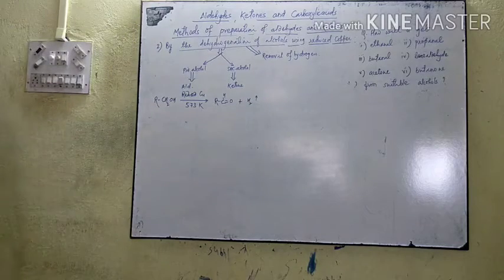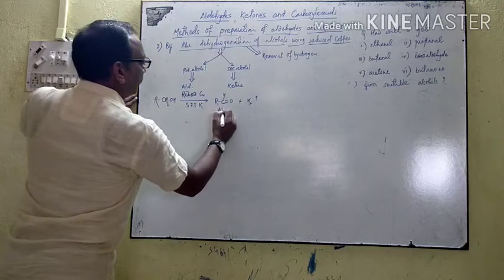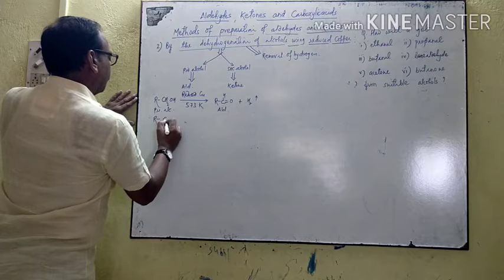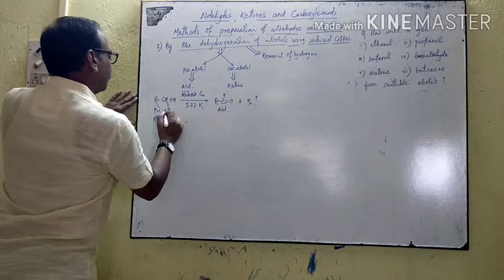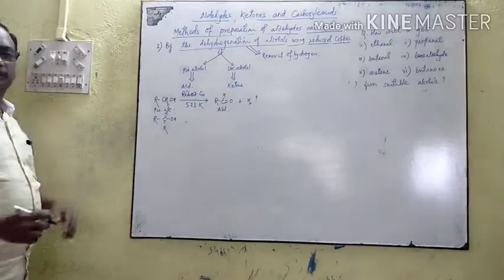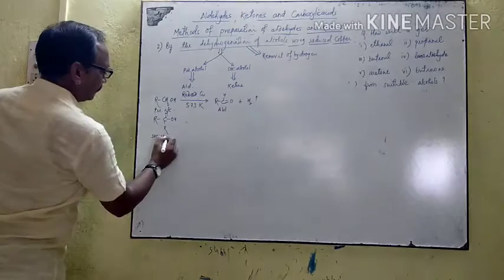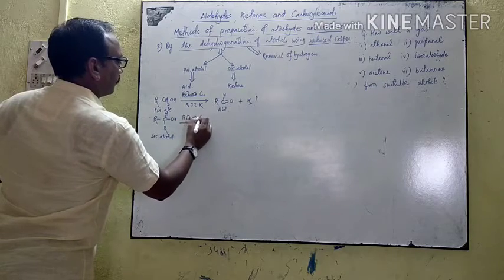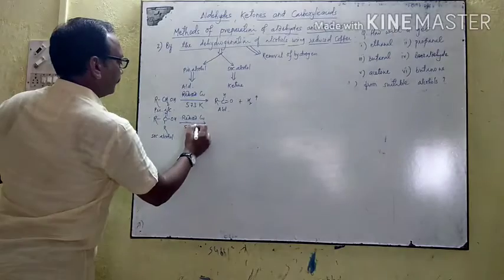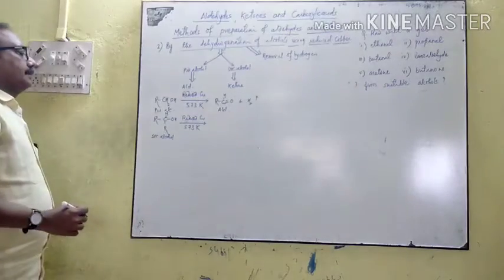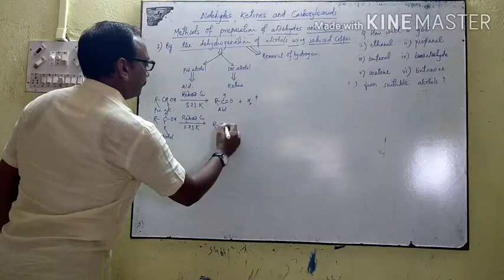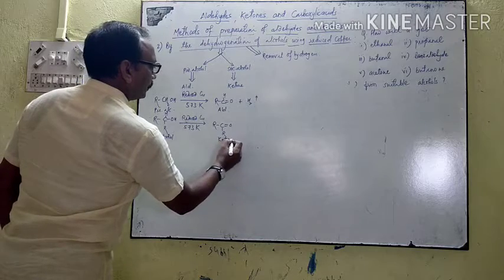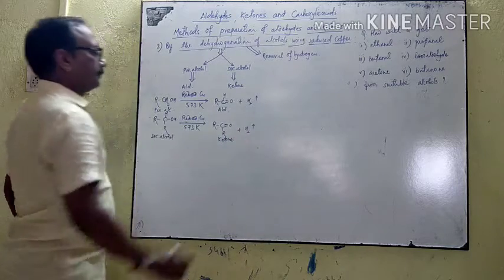That's why the reaction is called dehydrogenation, and this is an aldehyde from primary alcohol. And if a secondary alcohol, R2CHOH, is heated with copper at 573 Kelvin again, the resultant product will be RCOR, that is ketone. Hydrogen is lost.